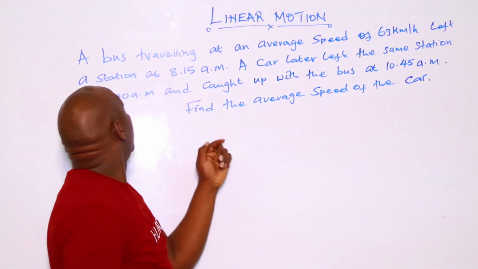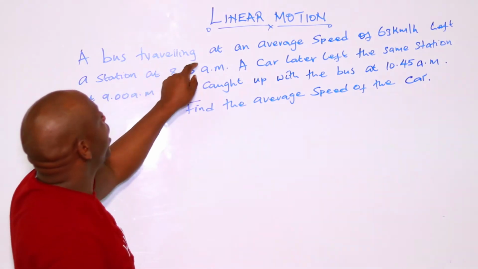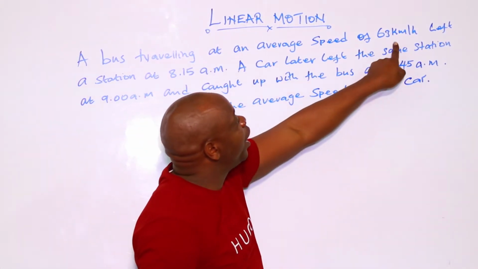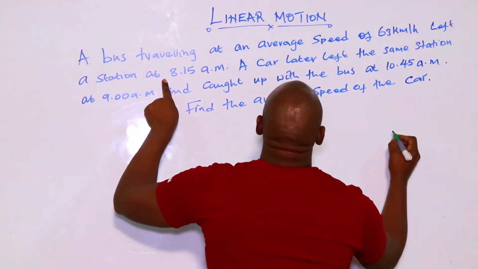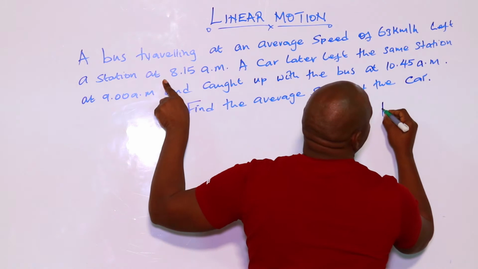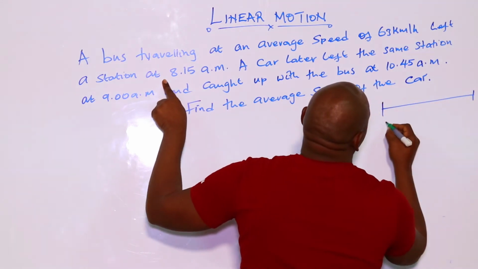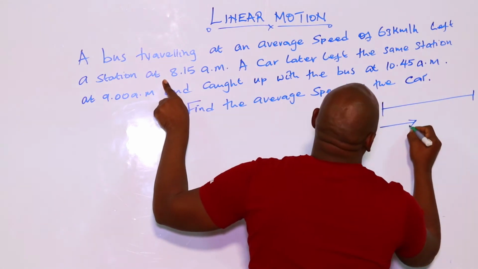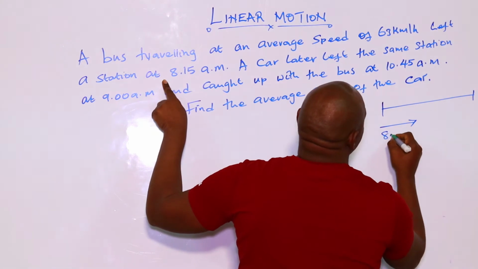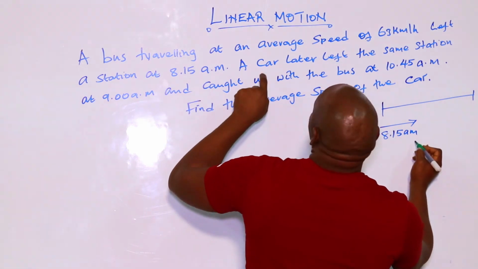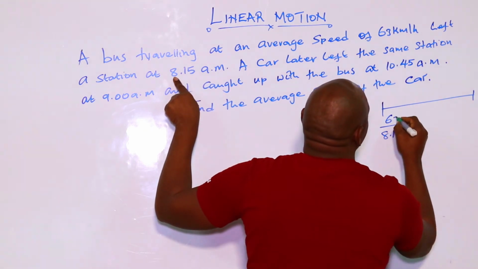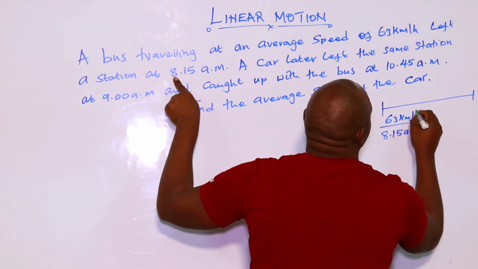Next example, you have been told a bus traveling at an average speed of 63 kilometers per hour left a station at 8:15 a.m. So this is the bus which left this station at 8:15 a.m. and it was moving at a speed of 63 kilometers per hour.